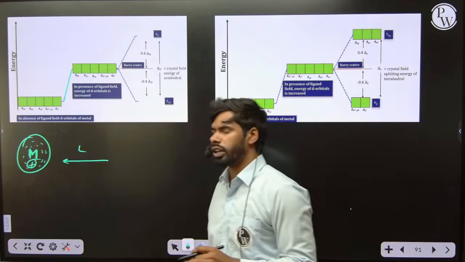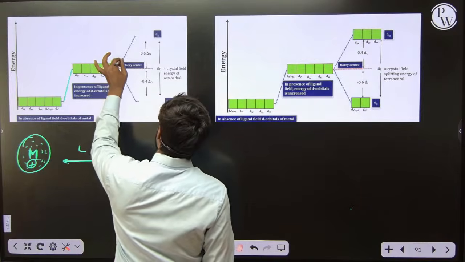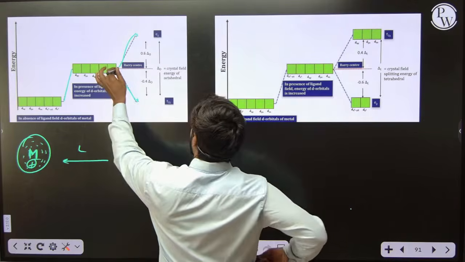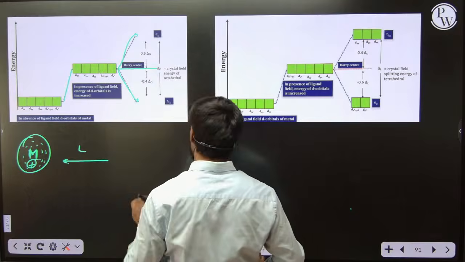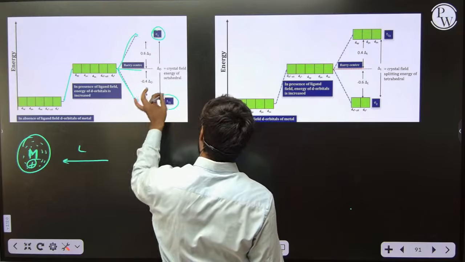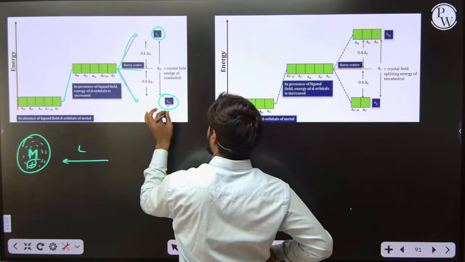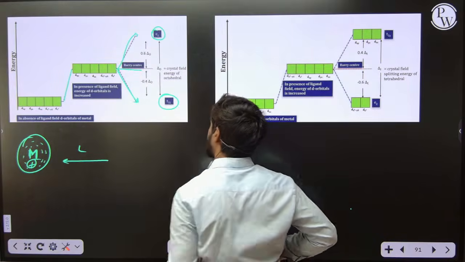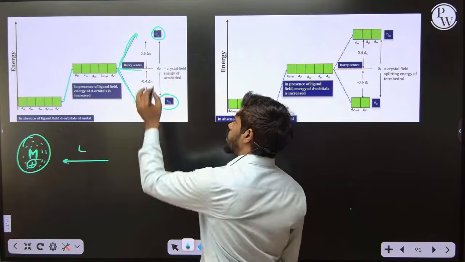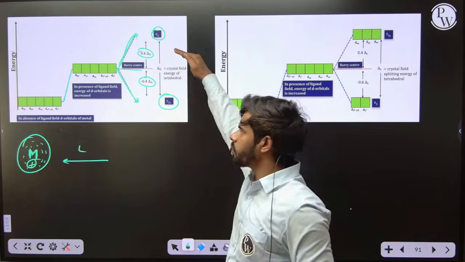So the field energy of the d orbital first increases, and it is split into two parts. The central line is known as the barycenter, from where the splitting energies of T2g and eg are calculated. T2g energy is decreased, and for eg the energy is increased. The increase and decrease in energy are taken from the barycenter as positive and negative.